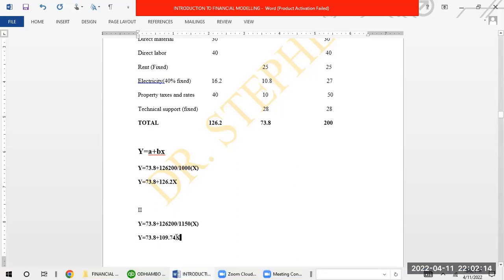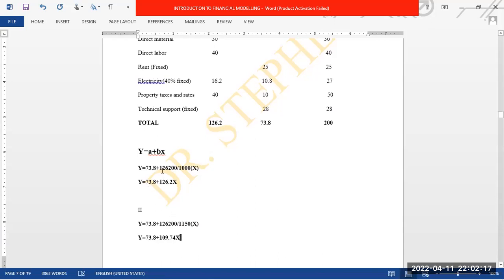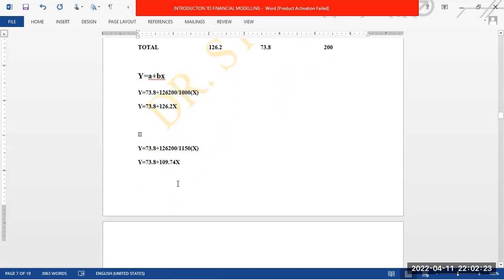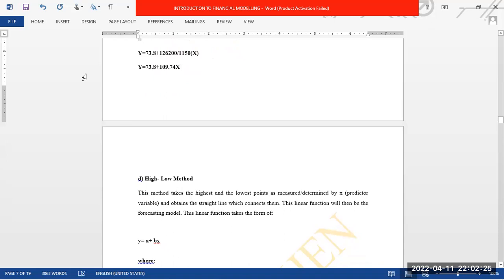Hope everyone understood what we are supposed to be doing. So that is it. Another approach which we will be looking at later is the high-low method. This method takes the highest and the lowest points of a measure determined by x, the predictor variable, and obtains the straight line which connects them.